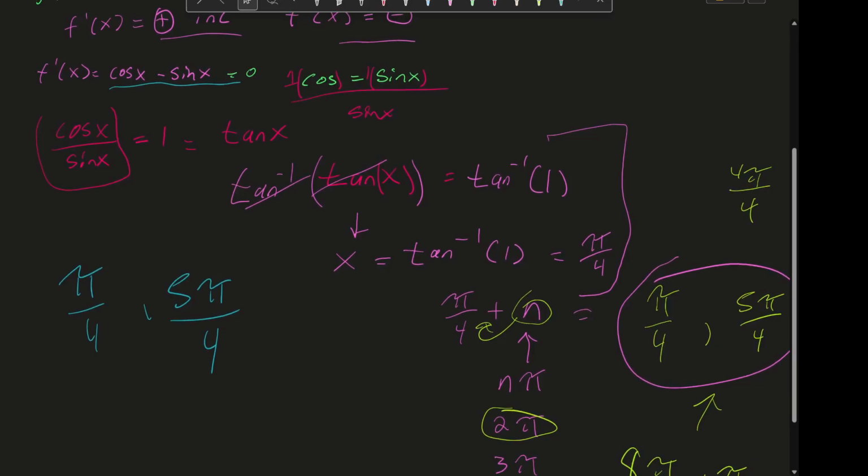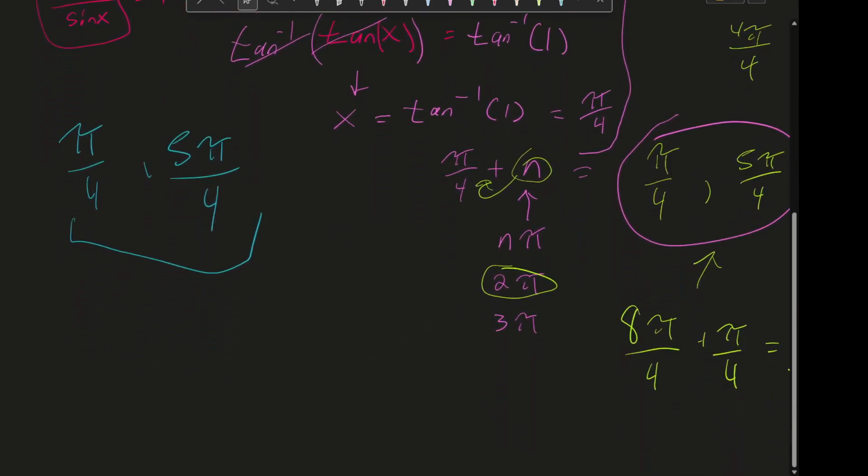Plugging in these values directly is going to give you 0. So what you're going to want to do is plug in x values for something below pi over 4, something in the middle of pi over 4 and 5 pi over 4, and then something that is greater than 5 pi over 4.